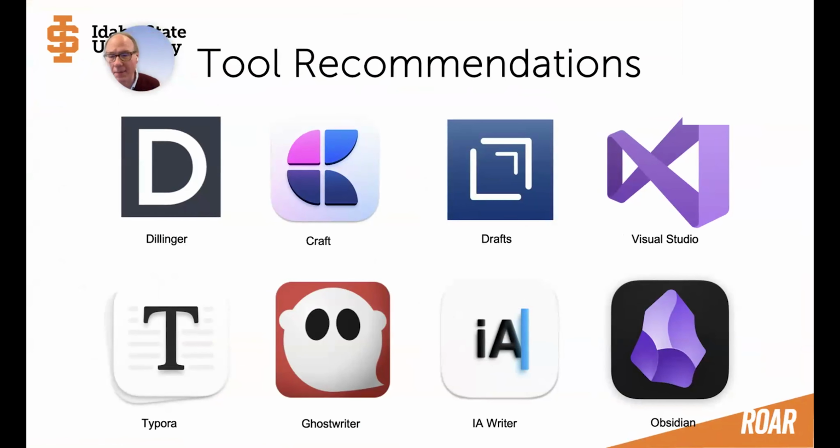So other programs, and I use this one almost exclusively, is Craft. And I'll tell you why I use Craft. Craft is great because you type in your Markdown, but then it converts to rich text on the fly.